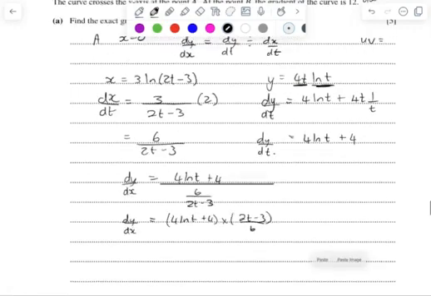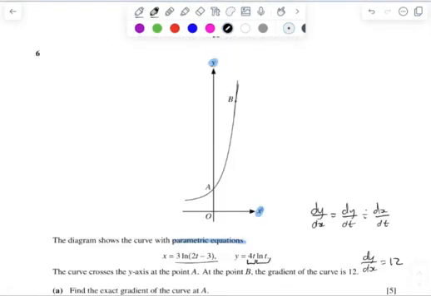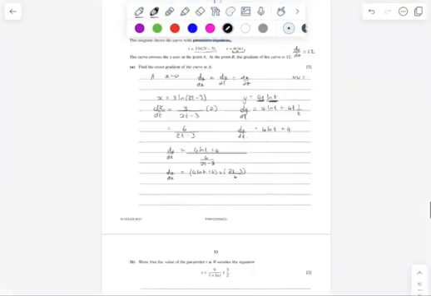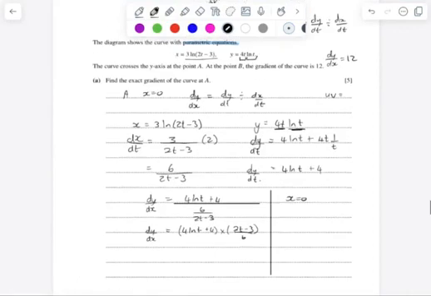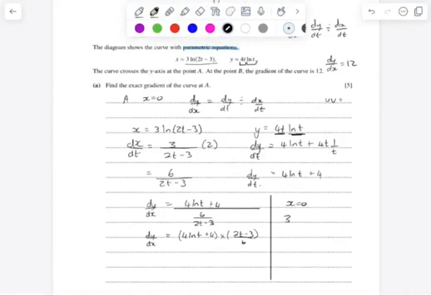Okay, so point A is where x is equal to 0. So let's make x equal to 0. I'm just going to do that on the side here. If x is equal to 0, 3 ln 2t minus 3 is equal to 0.